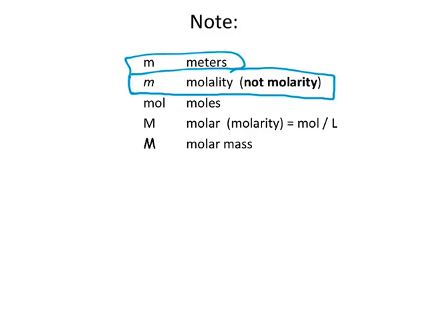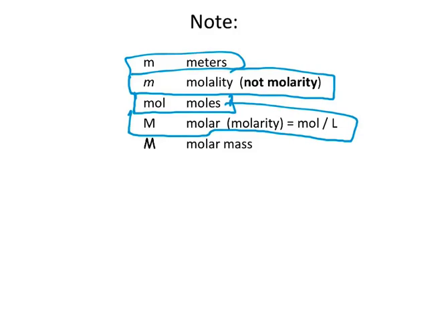When you're writing moles, please use MOL to abbreviate moles, so you don't get it confused with either of the M's. Now, when you have a capital M, that is molarity, and that's equal to moles over liters. It's a compound unit.